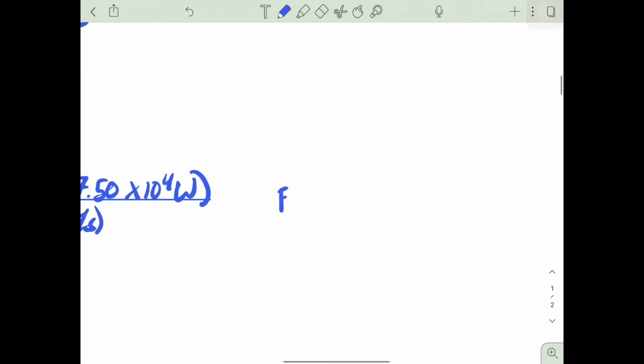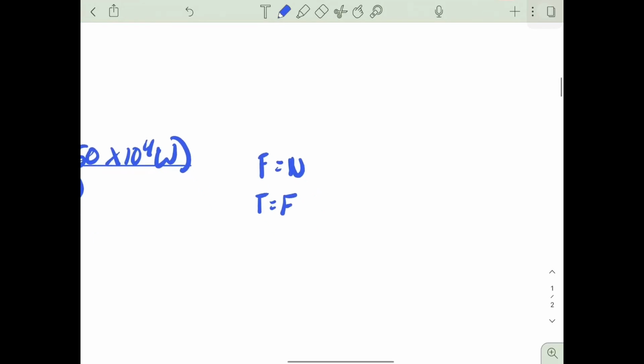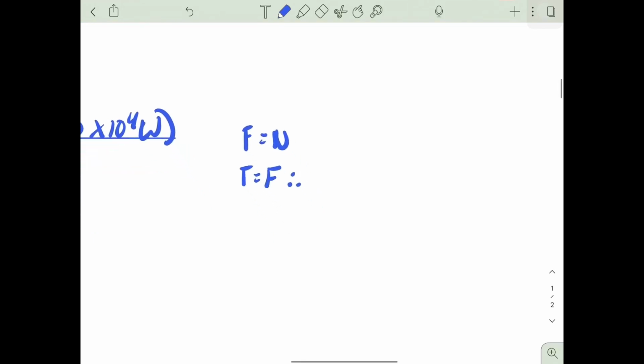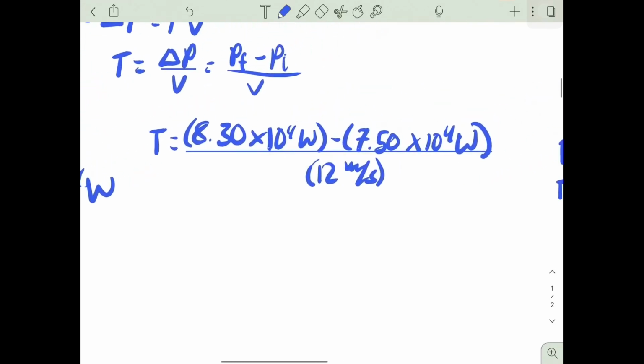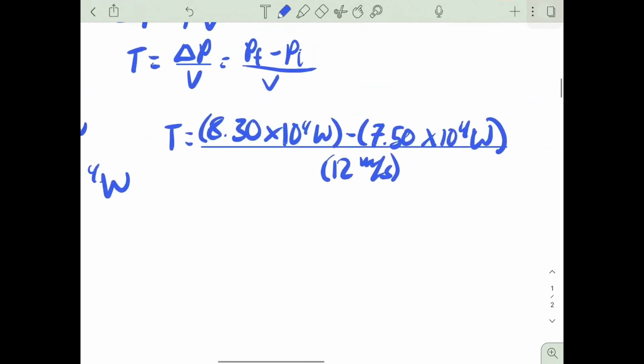We know that the units for force are newtons, and we know that tension equals force. Therefore, the units for tension also have to be newtons.